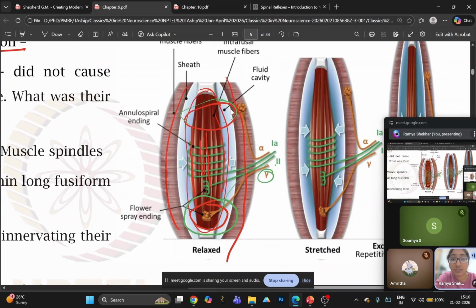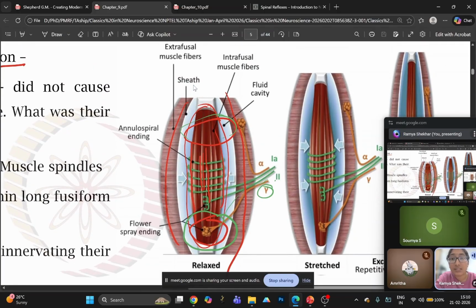So in this diagram, if you can see, this is the muscle itself. In the muscle, there are extrafusal muscle fibers, the ones that you can see on the outside. And then there is a capsule-like structure which is encased by this sheath. In this capsule, there are muscle spindles. We have also come across these muscle spindles in some of the previous experiments that were discussed, that their work is not to contract.